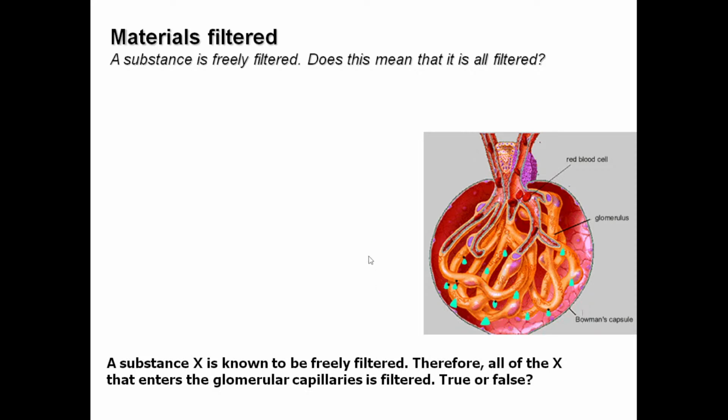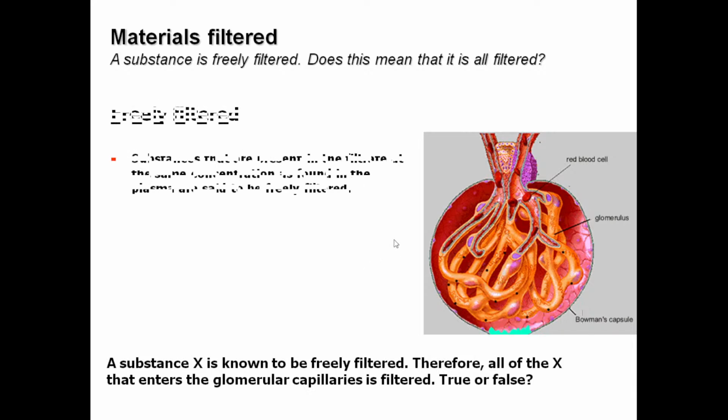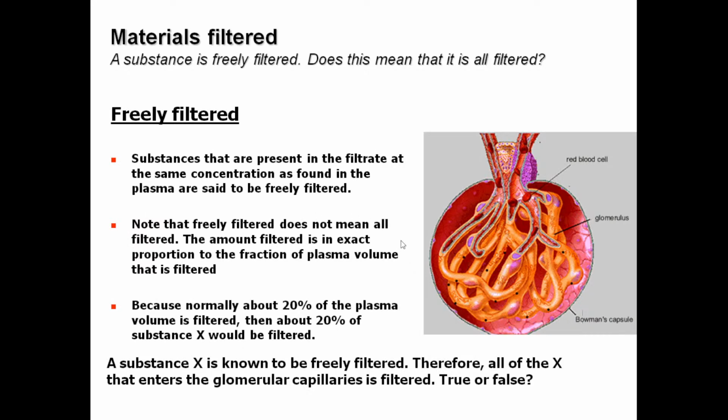And what are the substances that are freely filtered? And does this mean that all of the substance will be filtered? So what does that mean if you say that a substance is freely filtered? Substances that are present in the filtrate at the same concentration as found in plasma are said to be freely filtered.